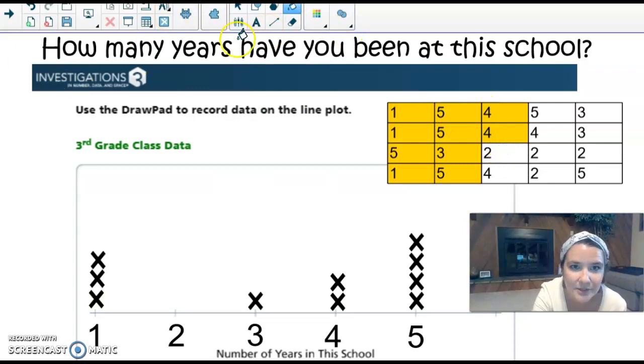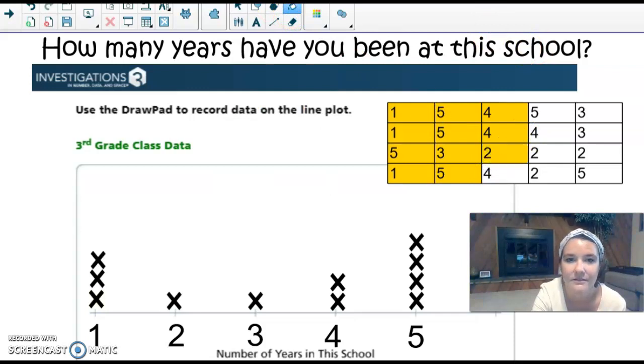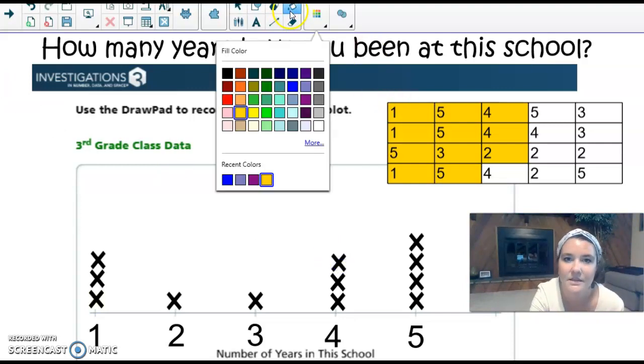I also think it's important, I know you're sitting watching me make this line plot, but I think it's important to watch the process of how to create a graph, just so you don't miss any step.